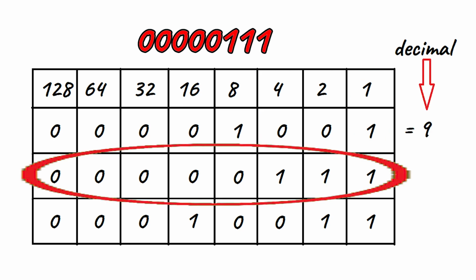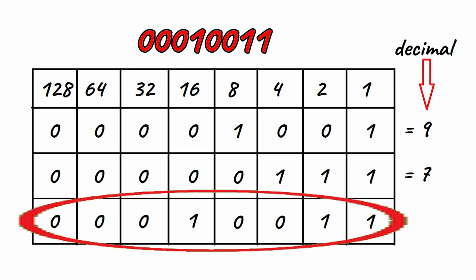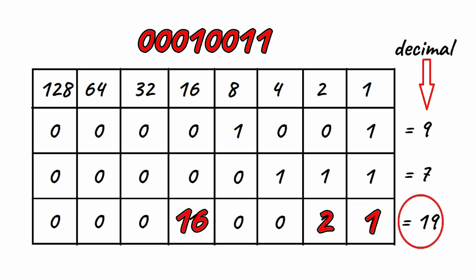Now our next example is 00000111. And in this case, we're just adding 4, 2, and 1, and that equals a decimal of 7. And in our last example, we have 00010011, and I'm going to give you just a second to figure out on your own what this is, because we're just adding the 16, 2, and 1 together, and that gives us 19.